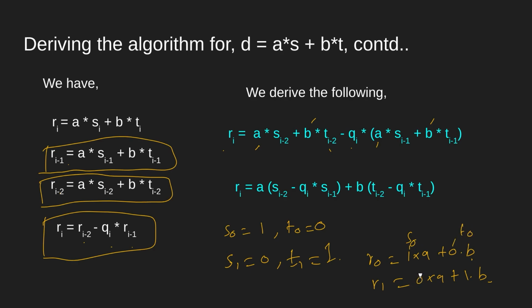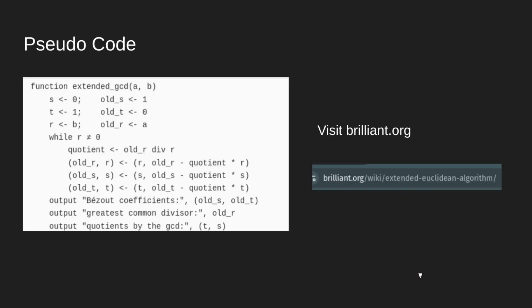So we have a recursive formula and we have the base condition, and from that we can write our pseudocode, the algorithm. So S0 is 0, old S is 1. Old S is actually S0, at this very step.